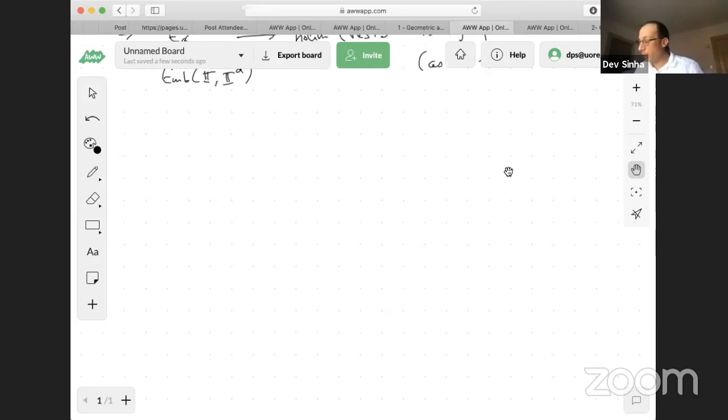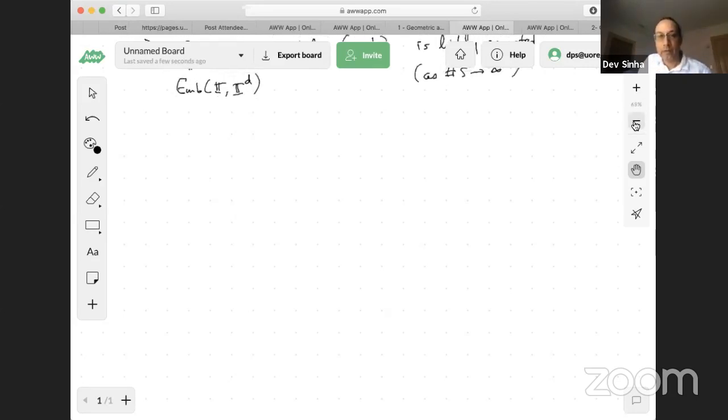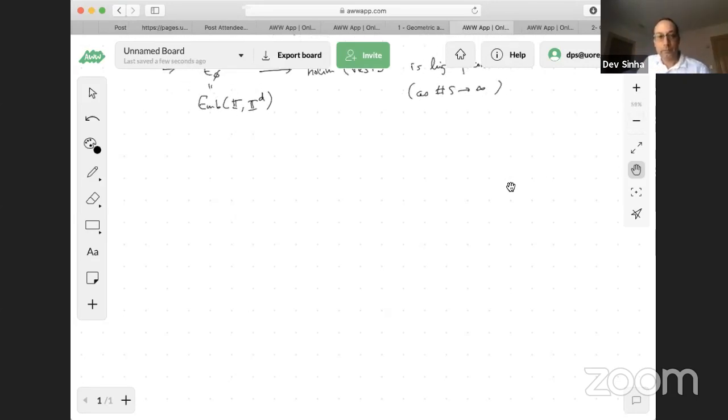So let me make this even smaller because I want to try to fill in a diagram here. So I'm going to write this in a funny way. So Emb, let n equal 3 again.